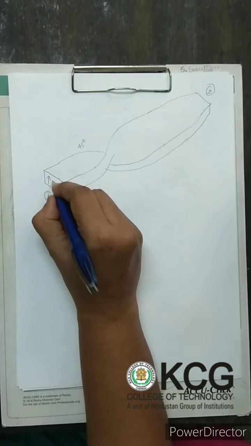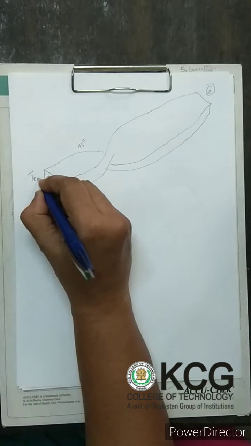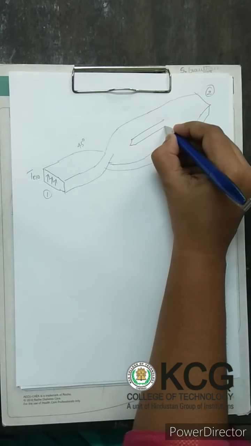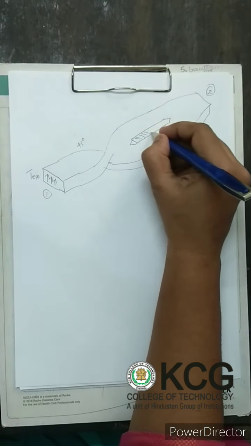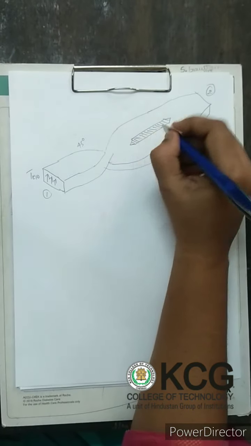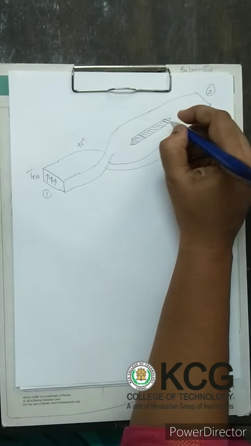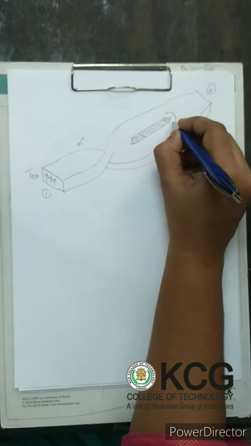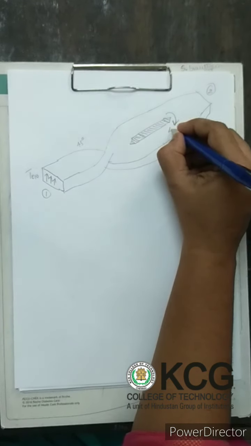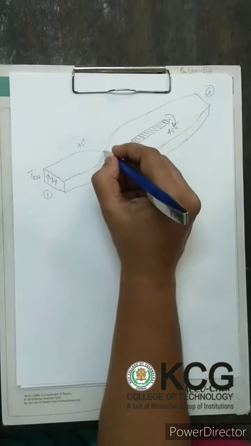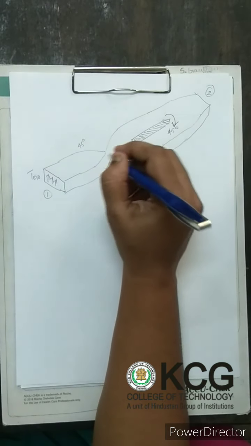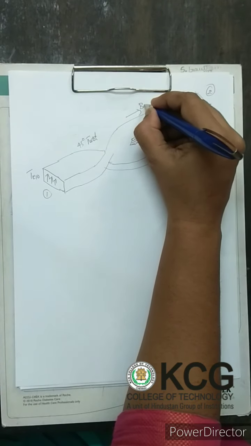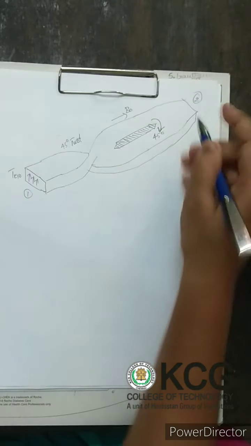We have a TE10 mode energy that is transmitted, and here we have a ferrite rod. A ferrite rod works under the principle of Faraday's rotation. For Faraday's rotation you need a ferrite rod, and this ferrite rod rotates my signal by 45 degrees in the anti-clockwise direction. So here you have a 45-degree twist. This is my magnetic field passing in this direction, and this is port 2.